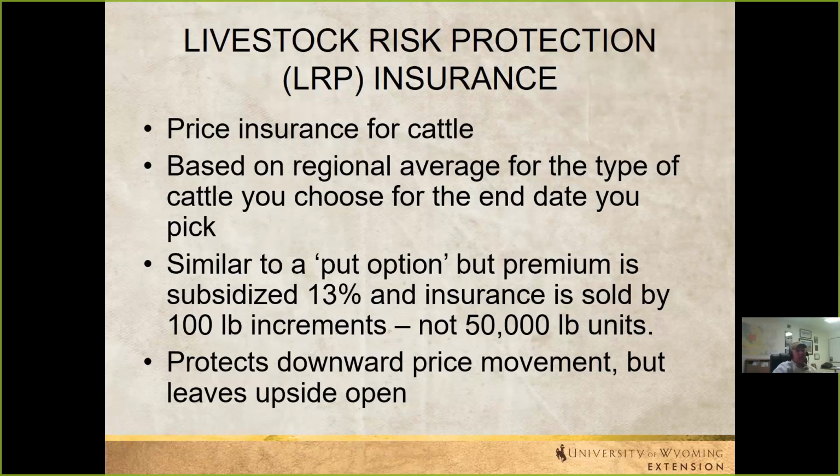If you forward contracted your calves today for fall delivery and the price went up, you're locked in at that price you forward contracted for. Okay, so a contract locks you in. It protects you against downside, but it also takes you out of upside movement. Put options, or this product, protect against downside movement, but they leave the upside open, if that makes sense.